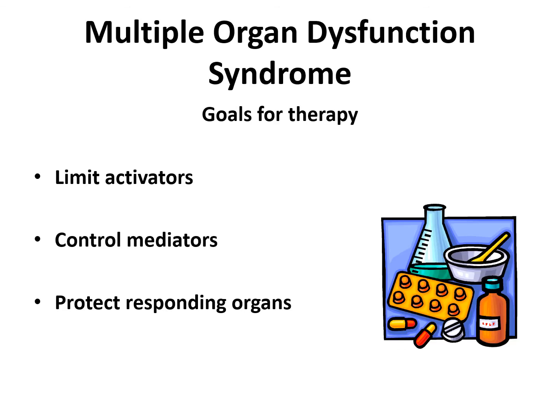So with multi-organ dysfunction syndrome, we want to make sure we limit patients' exposure to activators of this. And with activators, we want to aggressively avoid shock states, if at all possible, with our patients, and use early detection with prompt treatment.